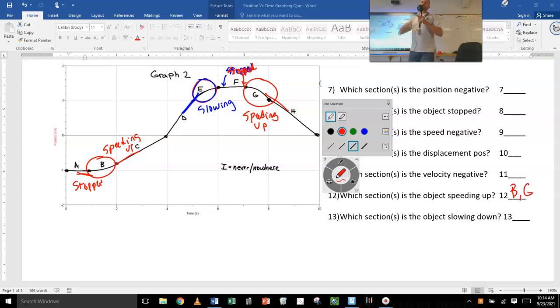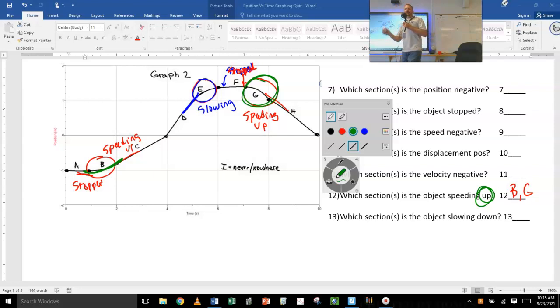And this is where it gets confusing for physics students, because you see the word up and you think, oh, if the graph is going up, that's totally speeding up, because look, the graph is going up. You're speeding up there too, but you're going down.